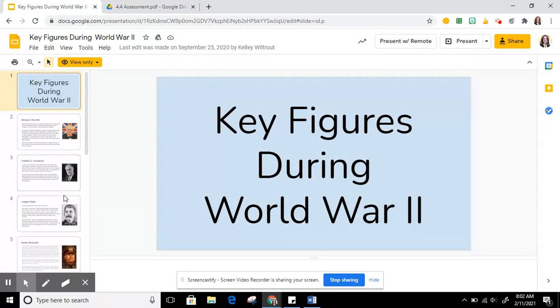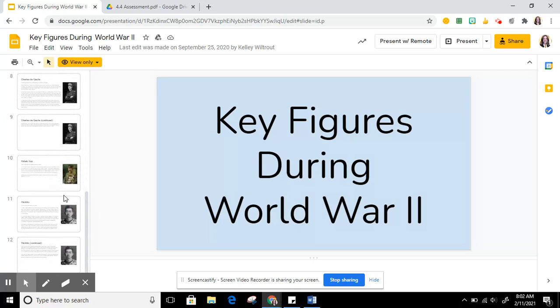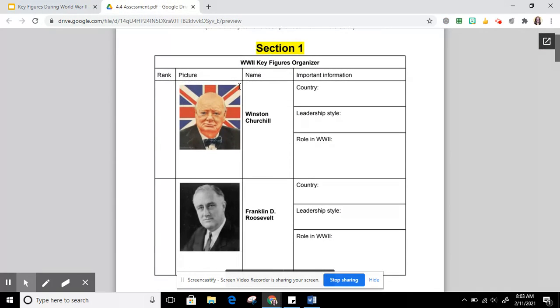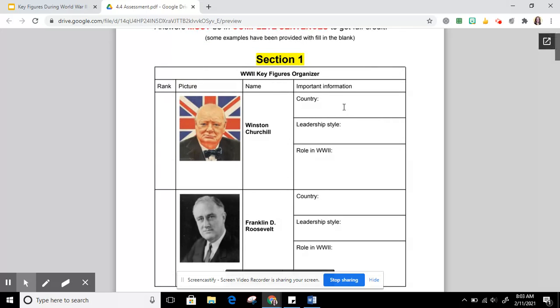As you're going through this presentation that's linked in the lesson, you're going to be filling out the different information for each of these leaders. You've got their name and then the important information. What country did they lead? What was their leadership style? And then what was their role in World War II?